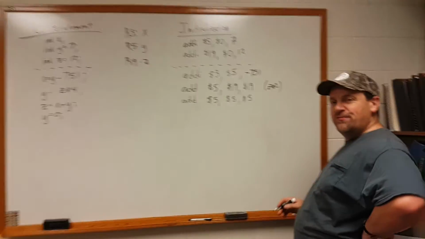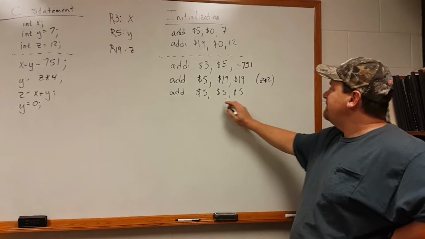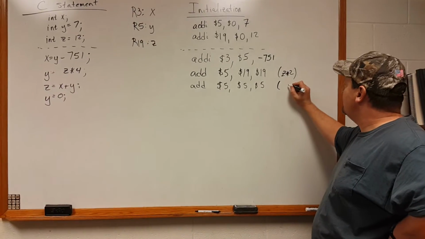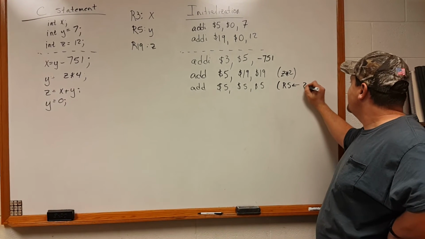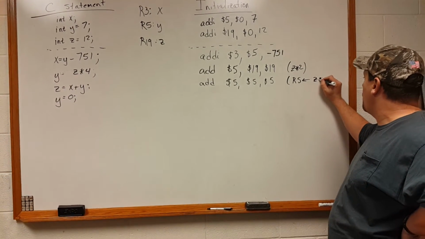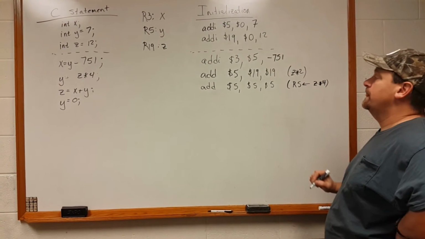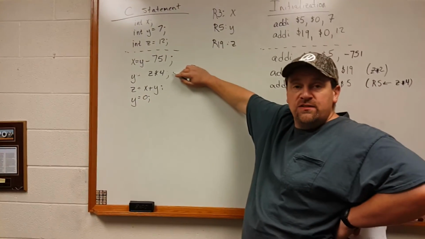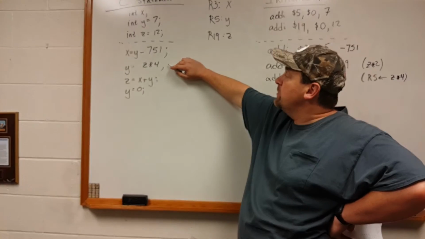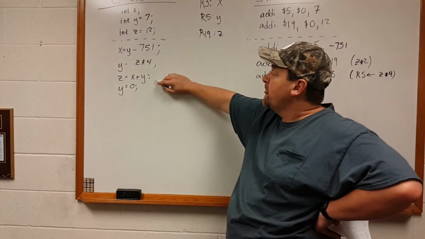It's not the 555 timer, it's add 5, 5, 5. And what this does is that register 5 then receives z times 4. Okay, we have finished with the second C arithmetic operation.